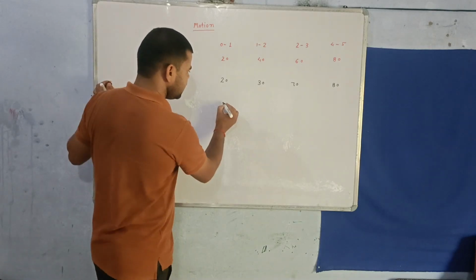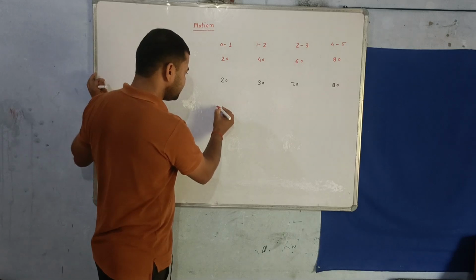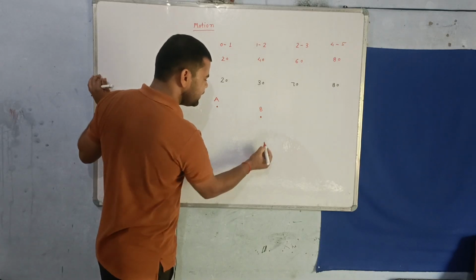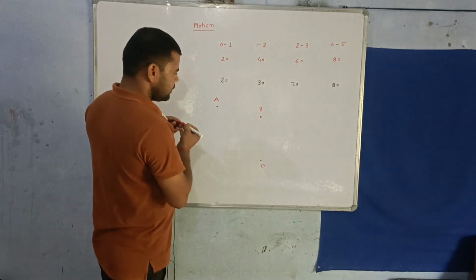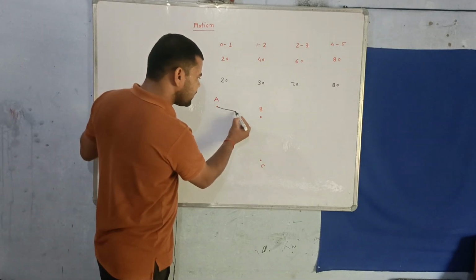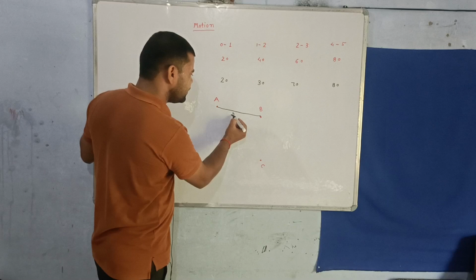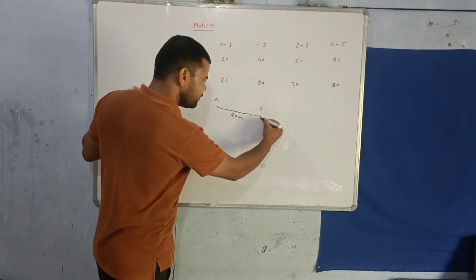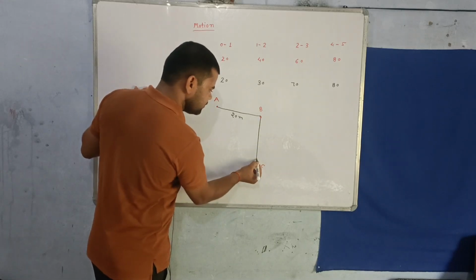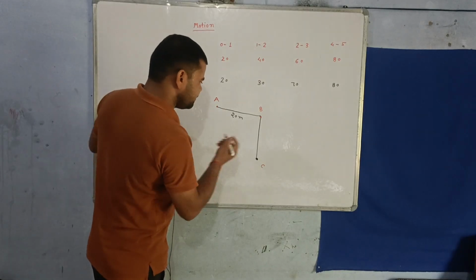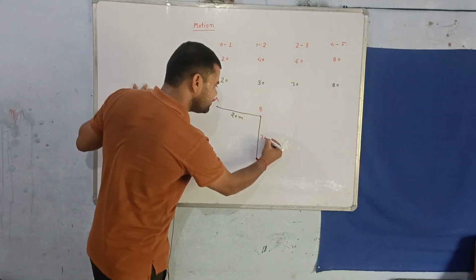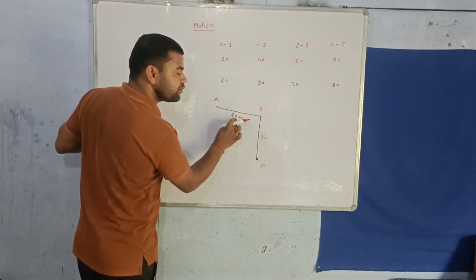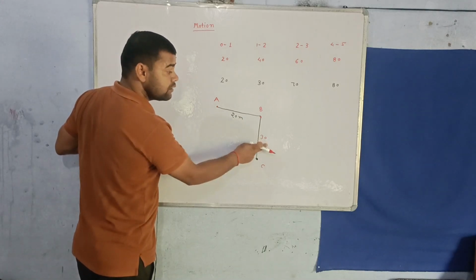For example, if we move from point A to point B and then to point C, if the distance from A to B is 20 meter and from B to C is 30 meter, then the distance from A to C will be 30 plus 20, that will be 50 meter.